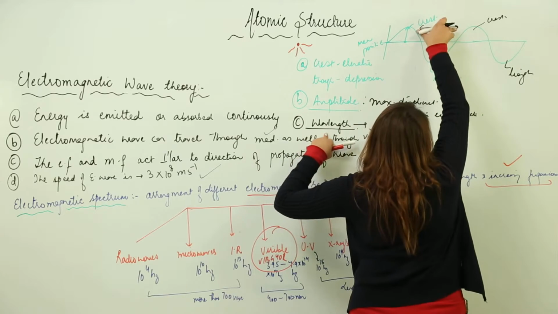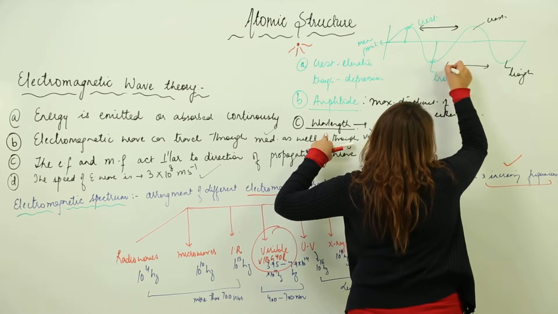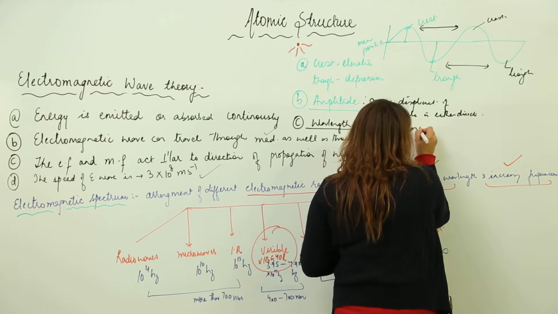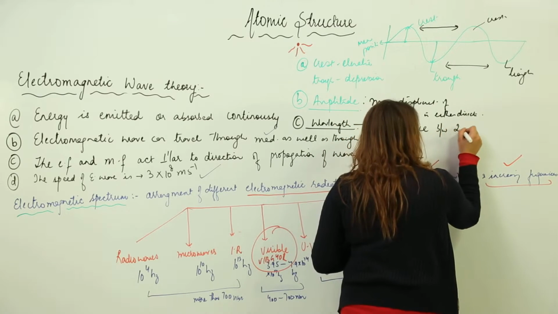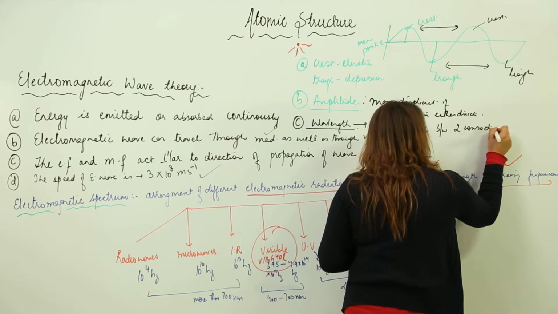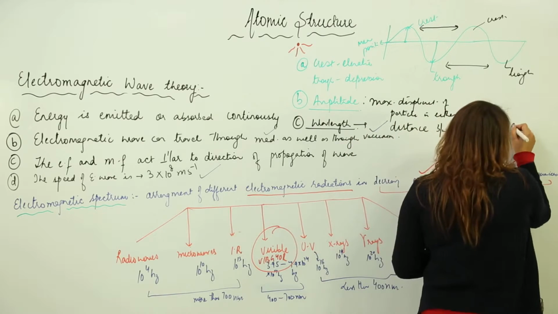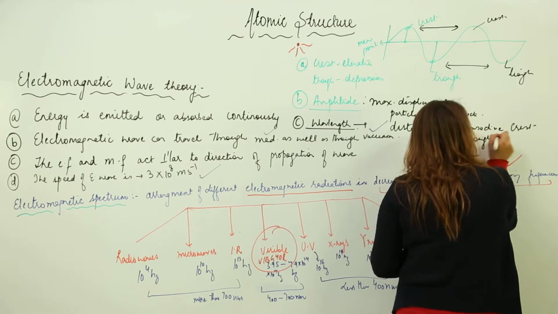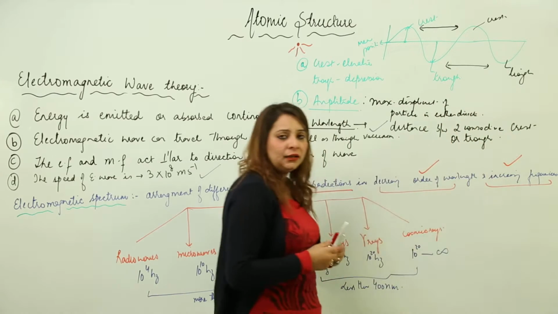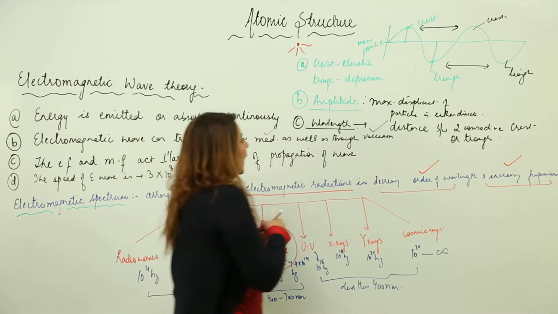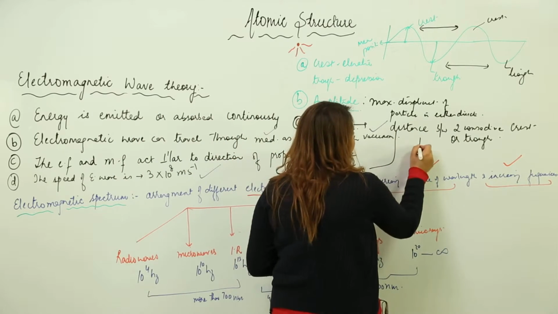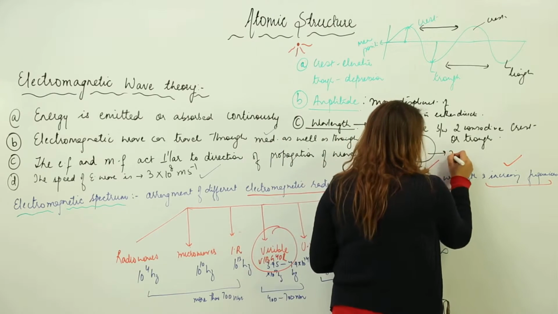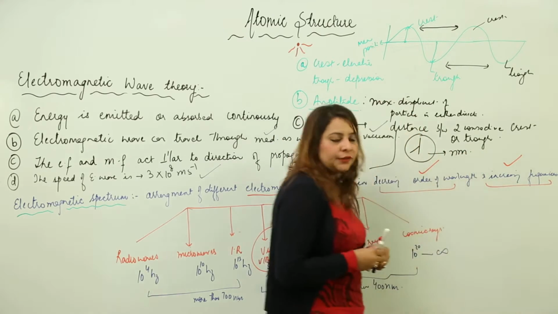So wavelength is the distance between two consecutive crests or troughs, and it has to be consecutive. How do we denote wavelength? We denote wavelength with the symbol lambda, and it is measured in the unit nanometer.